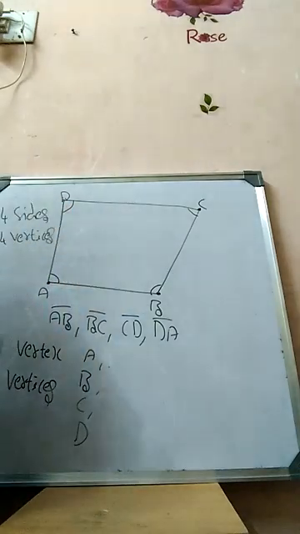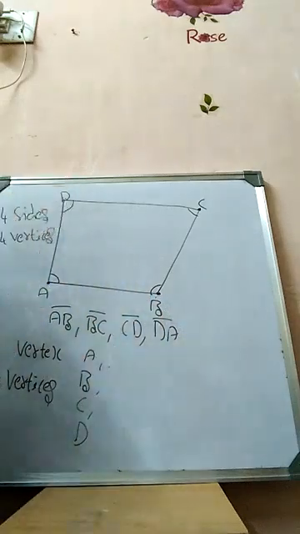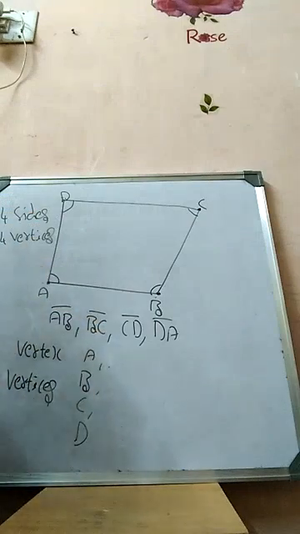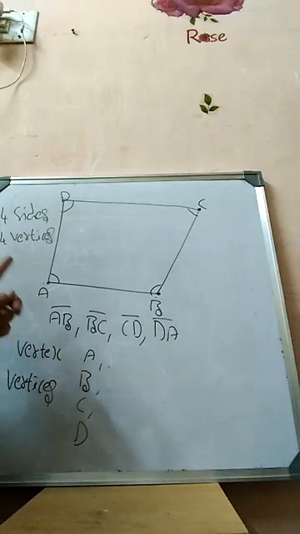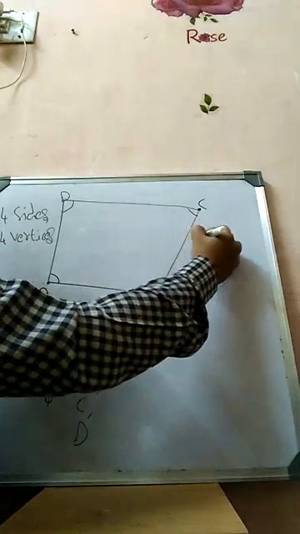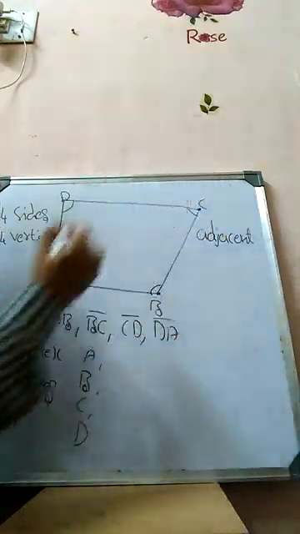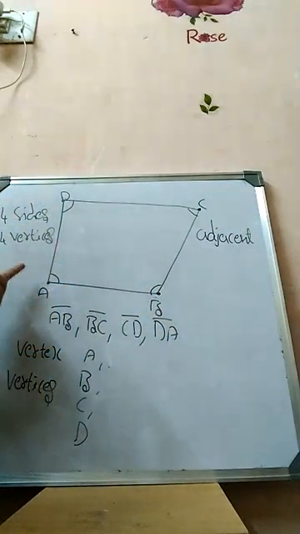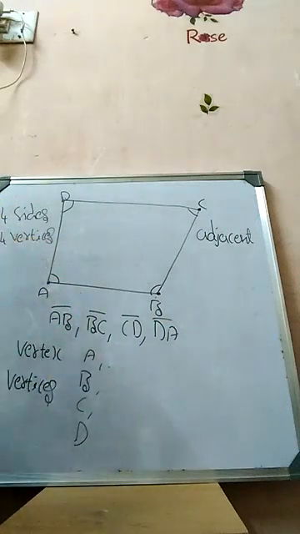And now adjacent sides. Adjacent means side by side. AB and AD meet at the same common point. That means both have one common point. Such types of sides are called adjacent sides. If 2 sides have one common vertex, then those 2 sides are said to be adjacent sides.